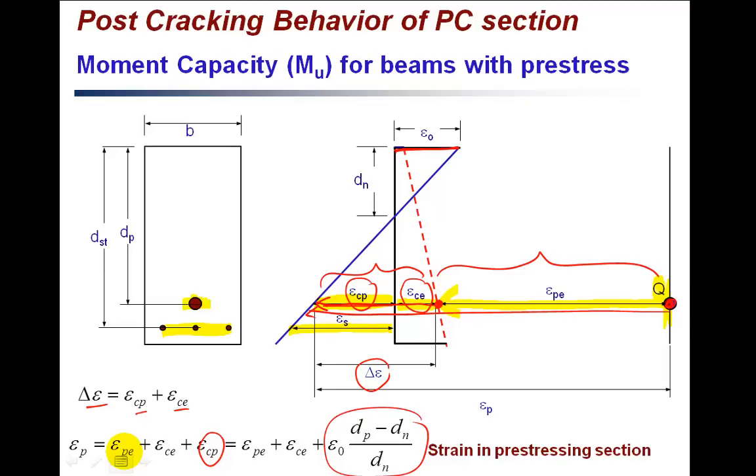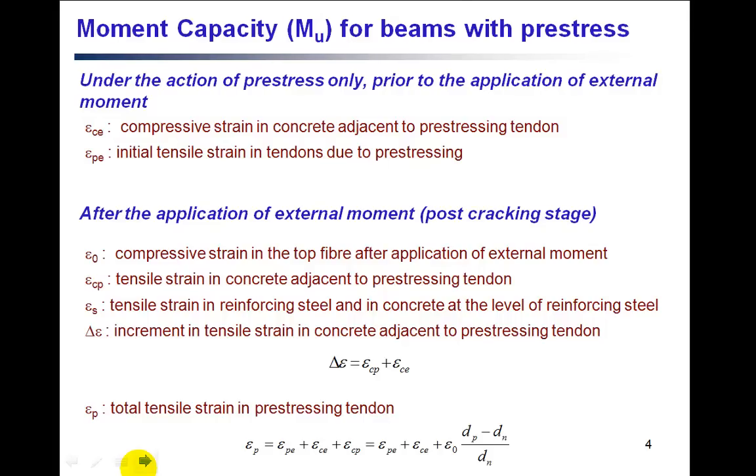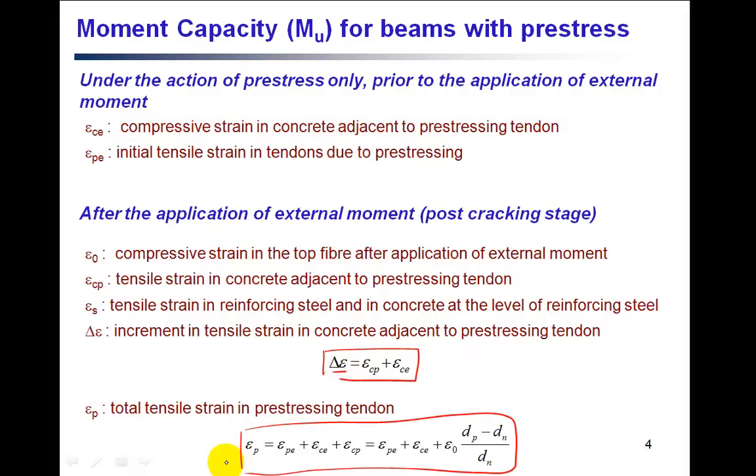Once we know the strain, we can compute the stresses and we can compute the ultimate moment capacity as well. Now these are the nomenclatures, the definitions of the notations that we have used, and all of the things that I've said are written here. So finally, the increment in tensile strain in the concrete, as I said before, is equal to this one, and the total tensile strain in the prestressing tendon at the ultimate load condition is given by this one.